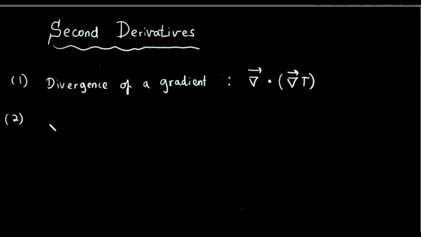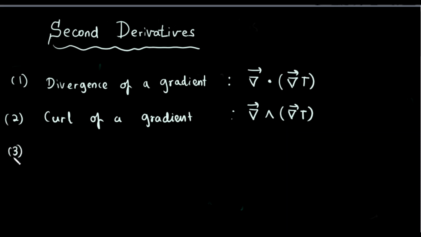The second one is the curl of a gradient. Curl of a gradient means we have to deal with the cross product. So this is the del operator cross product with grad t.